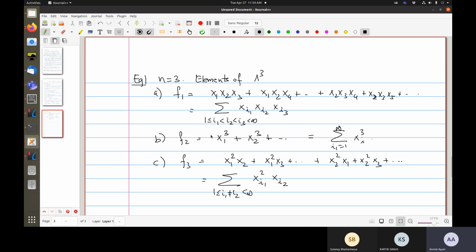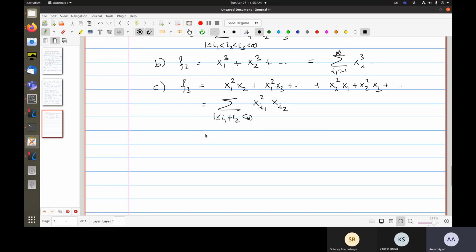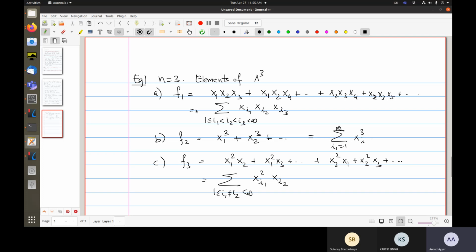You might have already seen that before. So for n equals 3, we have three distinguished elements, and these form the basis. And for n equals 2, you can easily reduce this in the obvious way.